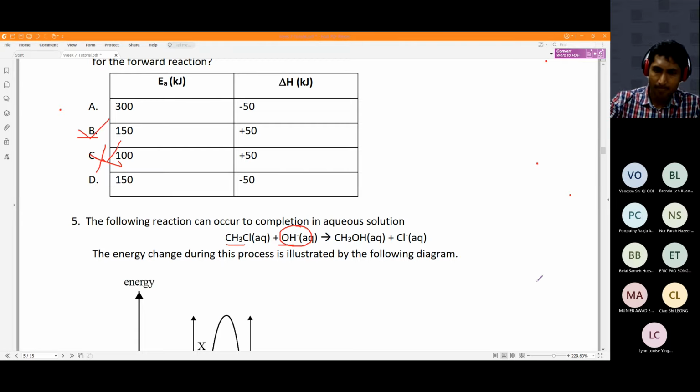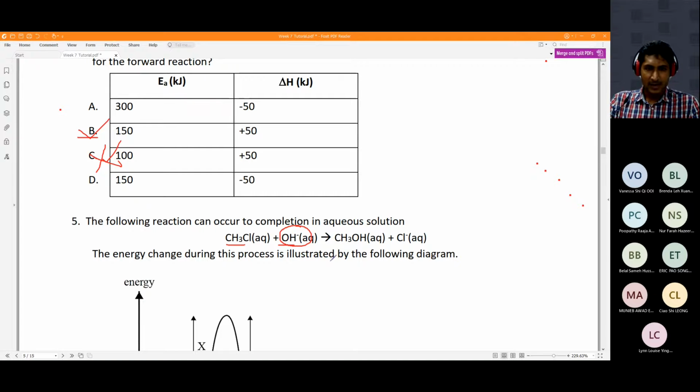Can anybody answer? The hydroxide ion is coming from where? The liquid. Yeah, liquid, but what type of liquid? Alkaline solution. Exactly. So this is hydroxide.